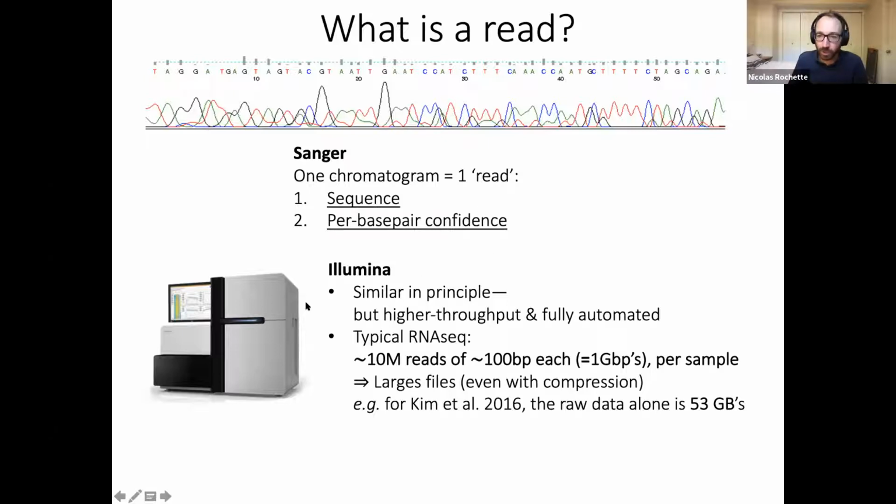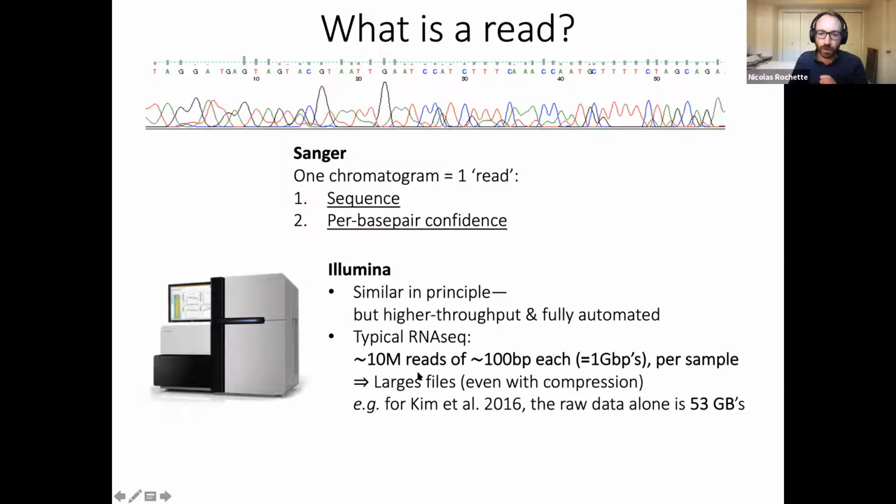This was for Sanger, but Illumina data is exactly the same. The principle of the sequencing behind Illumina is very similar to Sanger, just scaled to a much higher throughput. So we're going to get this sort of data, where we have one sequence with one quality score for each of the bases.